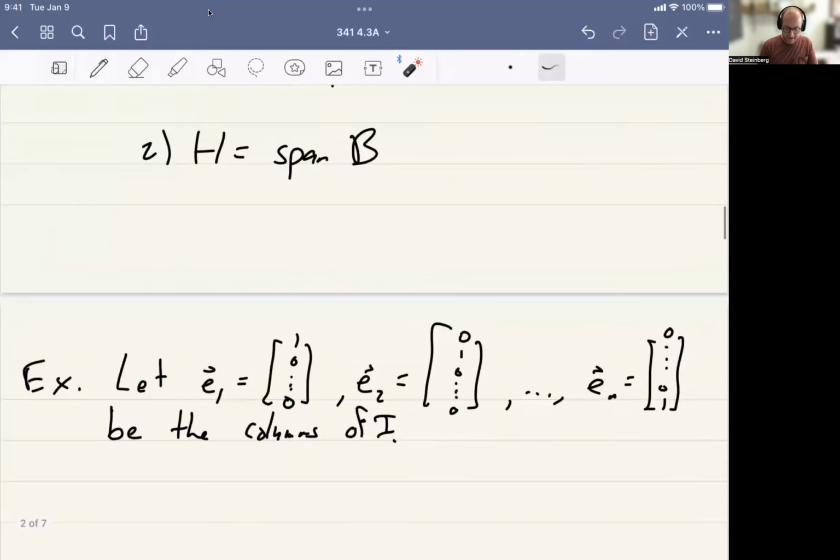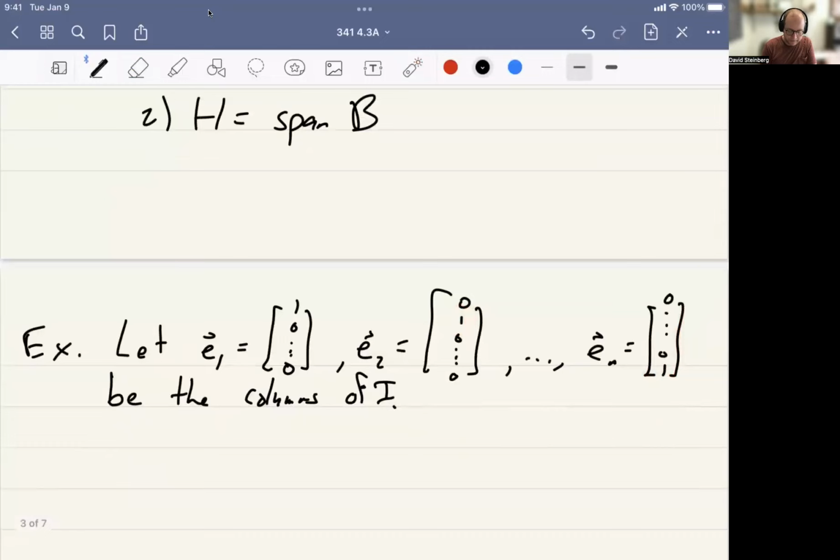If we take E1 to be the vector with a 1 in its first slot and zeros elsewhere, E2 to be the vector with a 1 in its second slot and zeros elsewhere, and En to be a 1 in the nth slot and zeros elsewhere, all of these vectors, these columns of our identity matrix, form a basis of Rn.